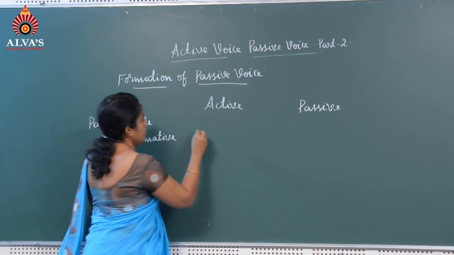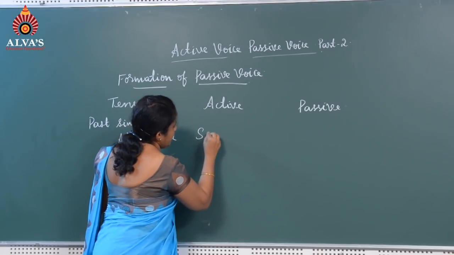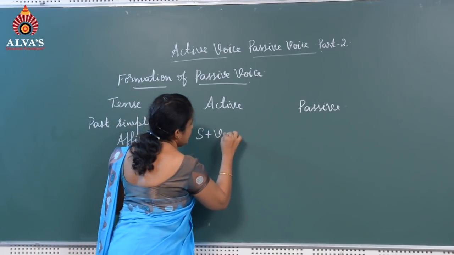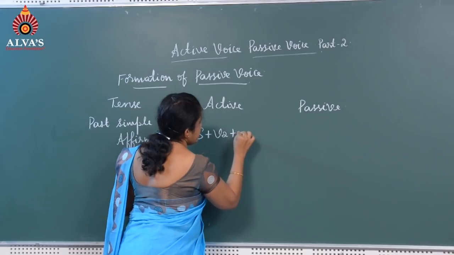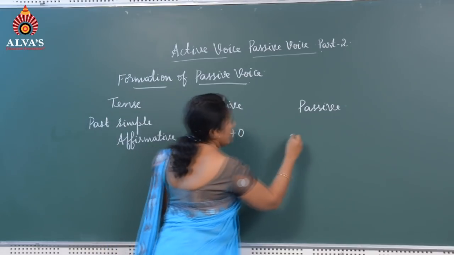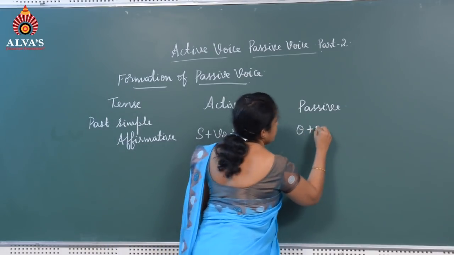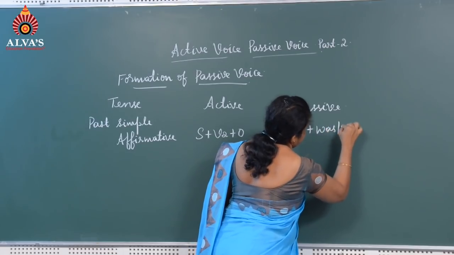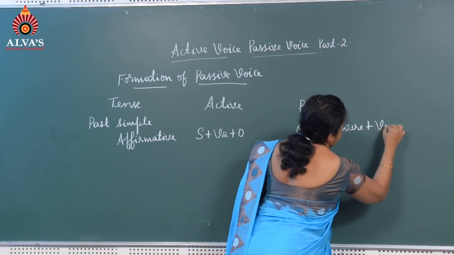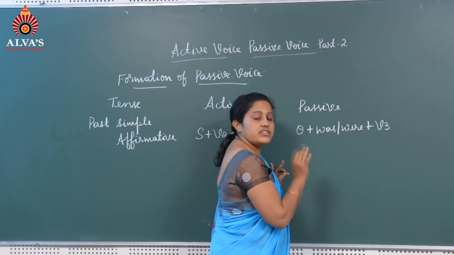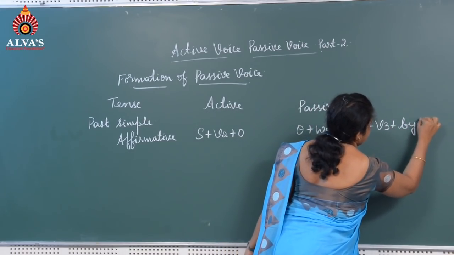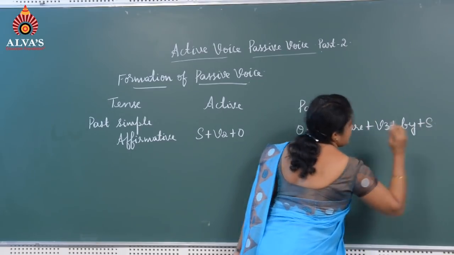Active voice formula is subject plus second form of the verb, that is V2, plus object. Here in the passive voice, object plus was or were plus V3 form of the verb, that is third form of the verb, plus by plus subject.